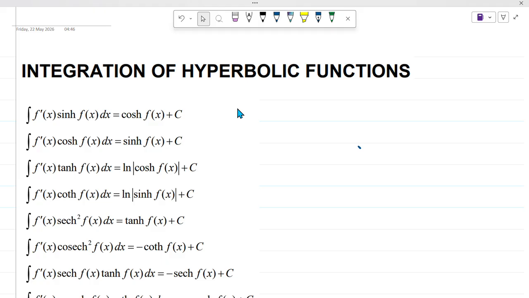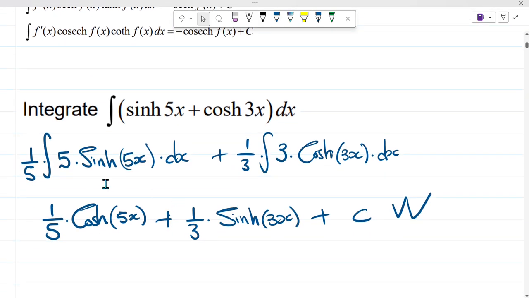So hence, when I'm answering this question, I'm saying, what is it that was differentiated for me to get this? Because in integration, inside an integral, you're given something that was differentiated. So you need to ask yourself, what is it that was differentiated for me to get this thing that is inside the integral?